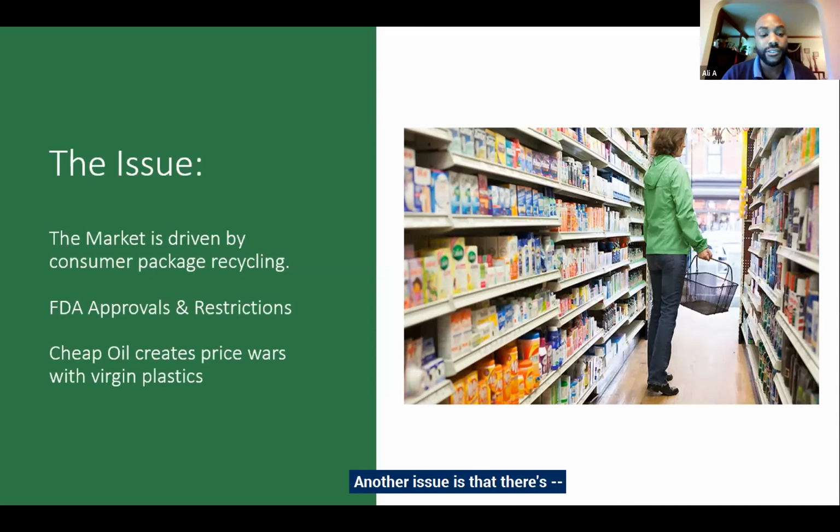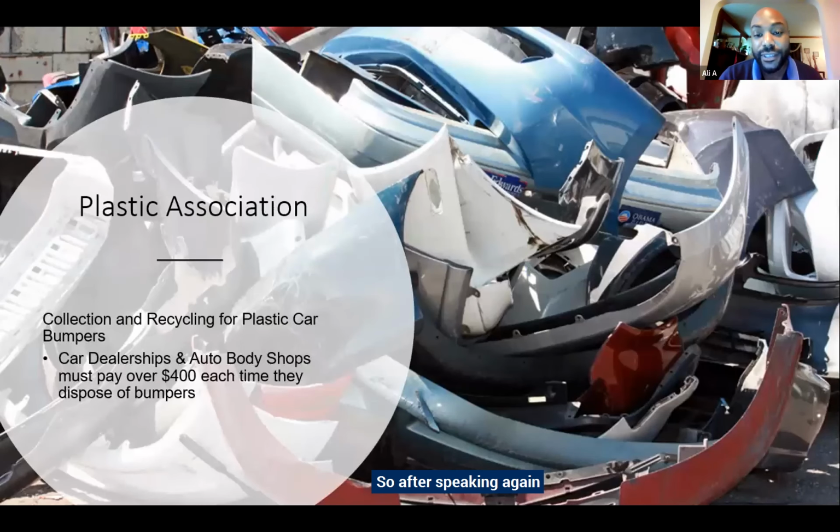Another issue is that there's cheap oil at this point, and that creates price wars with virgin plastics. So there's no incentive for a consumer package company to trust a recycled product when there are cheaper options. After speaking to another user advocate, the Plastics Association, they brought up an interesting point.